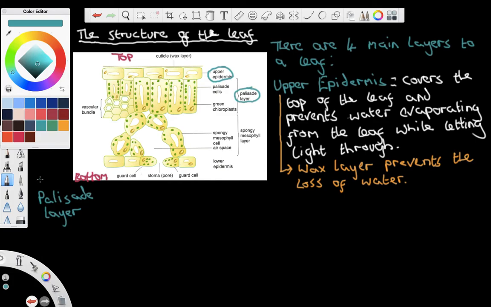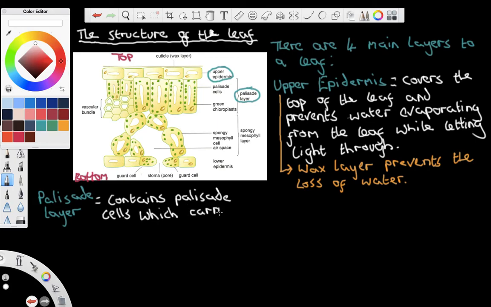The palisade layer contains palisade cells which carry out photosynthesis.